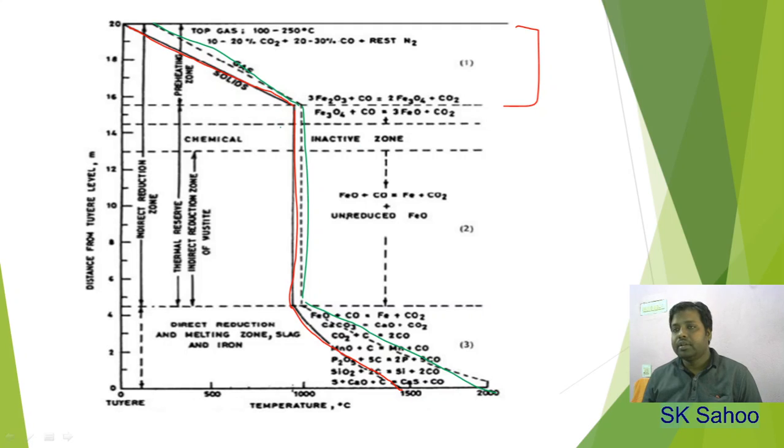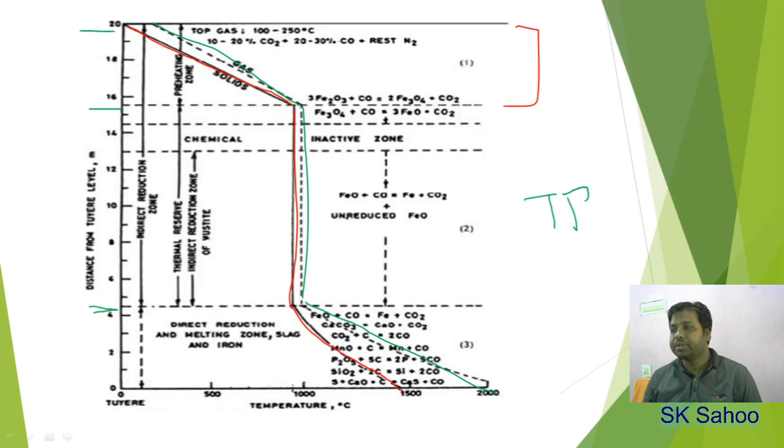After the upper zone, or the preheating zone, comes the middle zone. We can see that in the middle zone the temperature is constant with respect to the height of the blast furnace. So this is also called the thermal reserve zone.